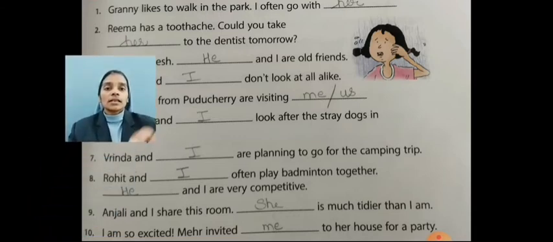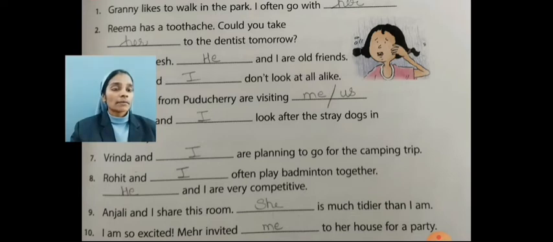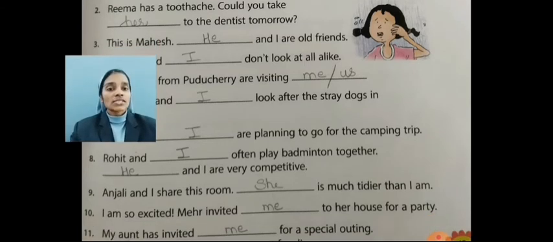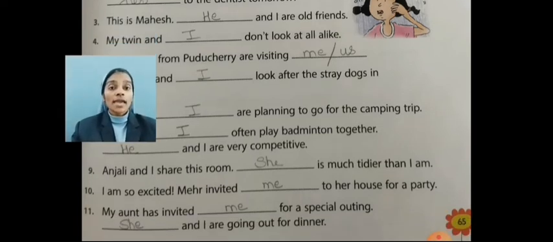Next one is, Vrinda and I are planning to go for the camping trip. Rohit and I often play badminton together. He and I are very competitive. Next, Anjali and I share this room. She is much tidier than I am. I'm so excited. Mahar invited me to her house for a party.